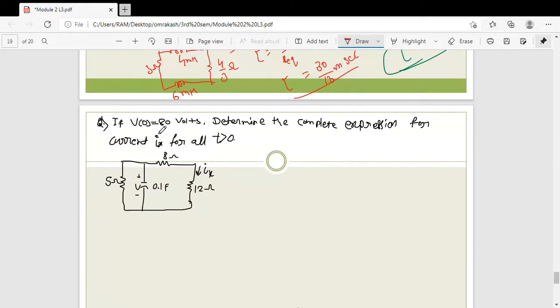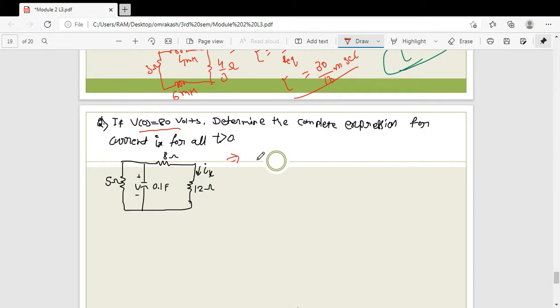Now see here, V naught is given to you, meaning the initial voltage is given to you, and you have to use this initial voltage when solving that circuit, right? Now see, this is a first order RC circuit. So what is the state variable here? Voltage.